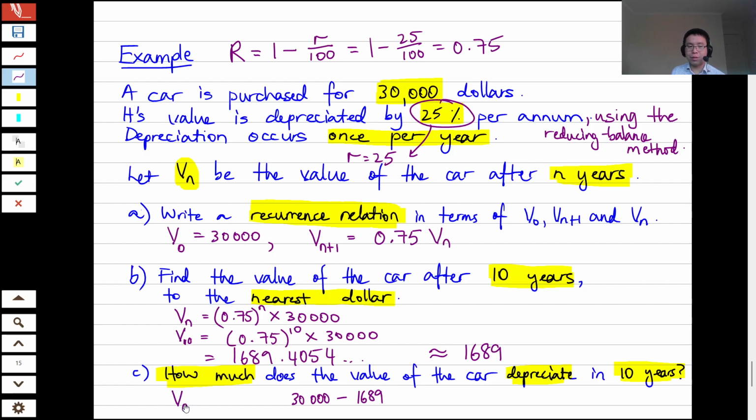And this time, it's V0 minus V10, rather than V10 minus V0, because I want to start with the bigger number and take away the smaller number. So V0 minus V10 gives us 30,000 minus 1689. And if we do this calculation, we get $28,311 to the nearest dollar.